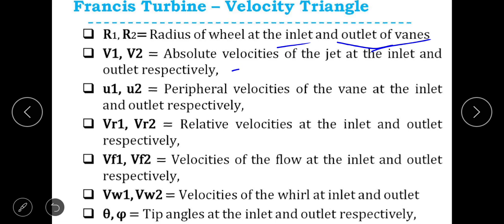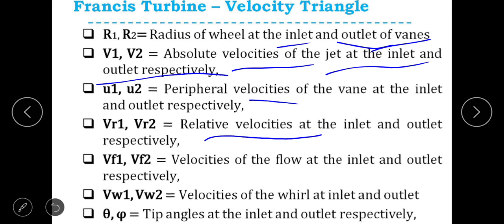V1, V2 are the absolute velocities of the jet at the inlet and outlet respectively. U1, U2 are the peripheral velocities of the vane at the inlet and outlet. VR1, VR2 are the relative velocities at the inlet and outlet respectively.